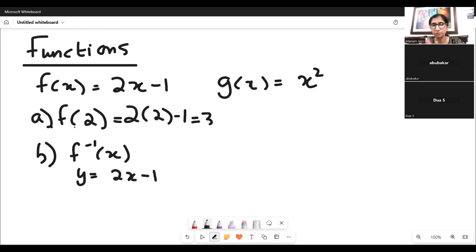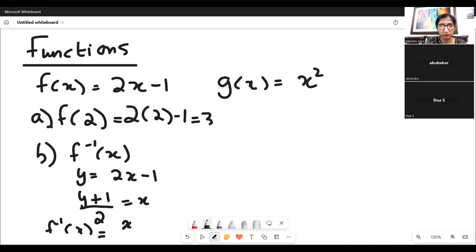Then we make x the subject. So -1 goes to the other side, becomes +1. 2 goes to the other side, divided by 2, equals x. So f inverse of x would be equal to (x plus 1) over 2, where y is replaced with x.